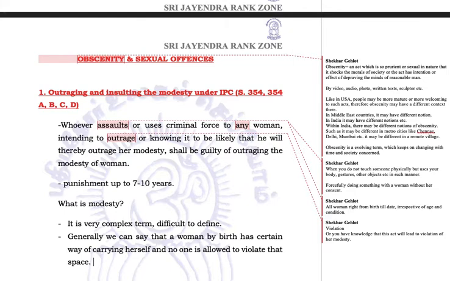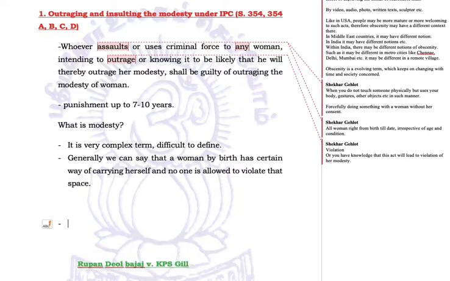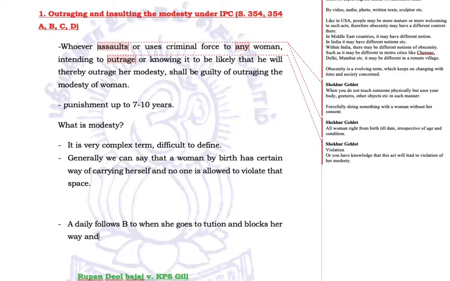So, whoever assaults or uses criminal force to any woman intending to outrage or knowing it to be likely that he will thereby outrage her modesty shall be guilty of outraging the modesty of women. We can say, like, A follows B when she goes to tuition and blocks her way and asks her to talk.